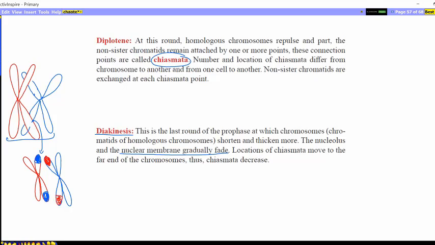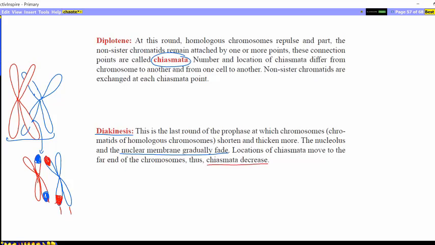So after these pieces are exchanged between them, because they are different than before, we no longer call them sister chromatids. Sister chromatid means genetically identical chromatids. But as they exchange some pieces, they are not identical to their nearby chromatids, so they are no longer sister chromatids; we just call them chromatids.